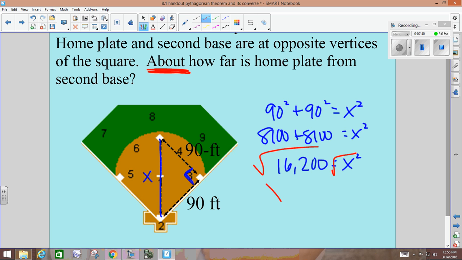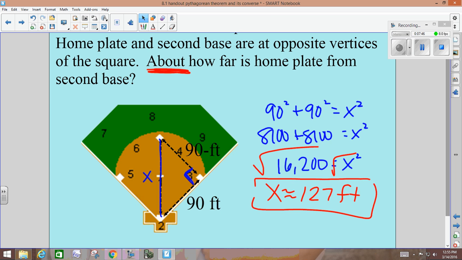You take the approximated value, you should get about 127 feet from home to second. Not only was my triangle a right triangle, how else could you classify that triangle? Good, isosceles, because I got 90 feet and 90 feet, so I'd call it a right isosceles triangle.